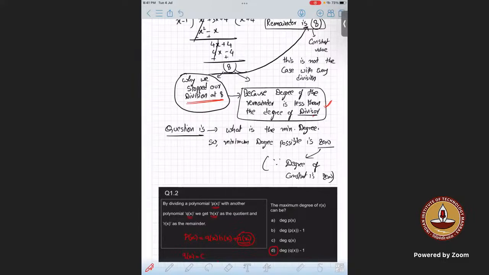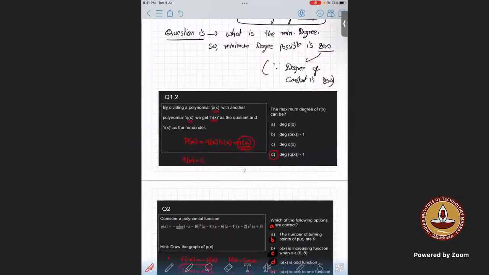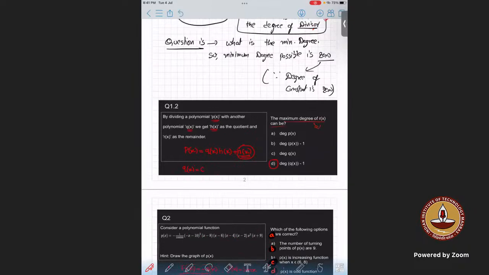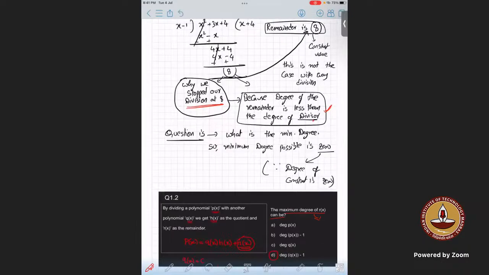So here in the question, they asked the maximum degree of r of x. Okay, I got that doubt. Is everyone clear with this?